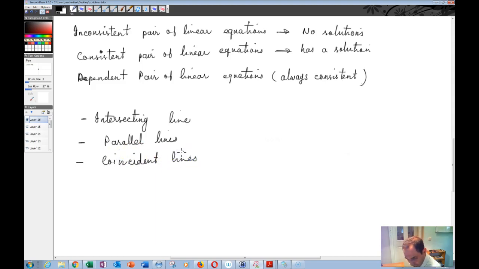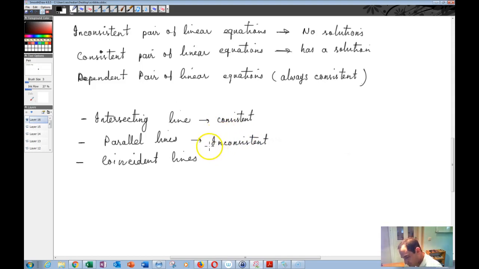When the two lines are intersecting, of course you know that you have a solution, and so you have a consistent pair of linear equations. And when the two lines are parallel, of course you have no solution. So this is an inconsistent pair of linear equations.